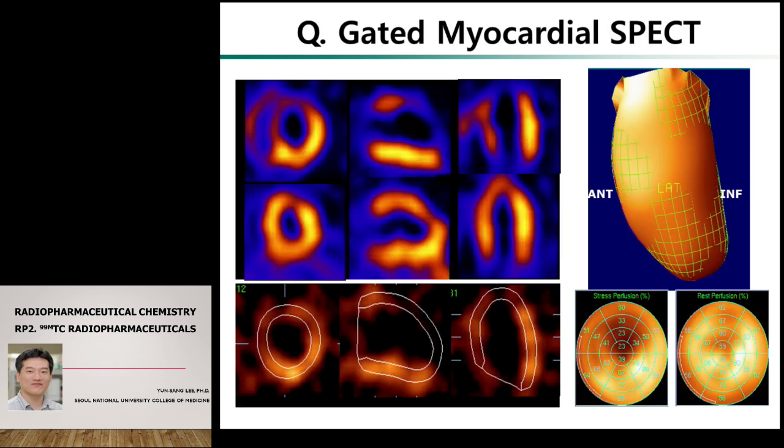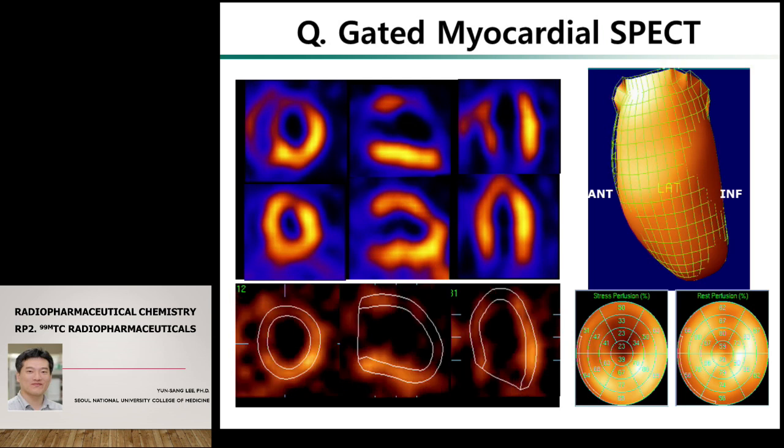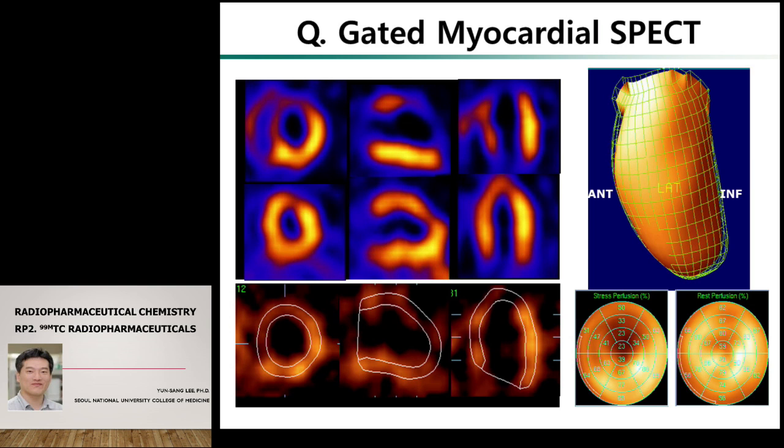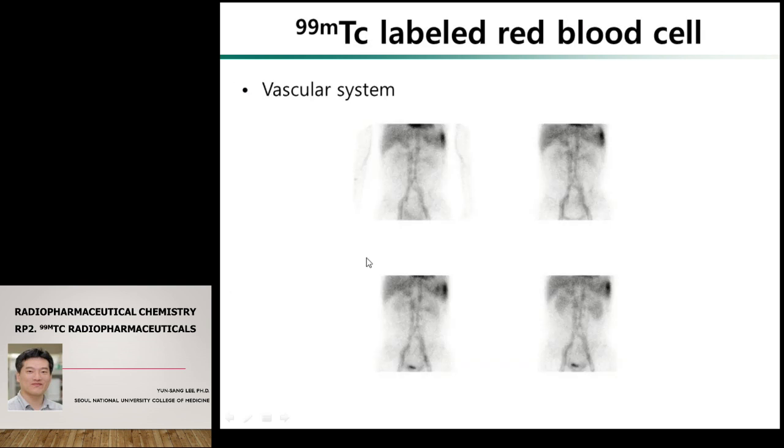And the next one is the RBC labeling of technetium 99m. I think that cell component labeling with technetium 99m is very common. But how about your hospital now? WBC or RBC labeling? No? RBC, okay.